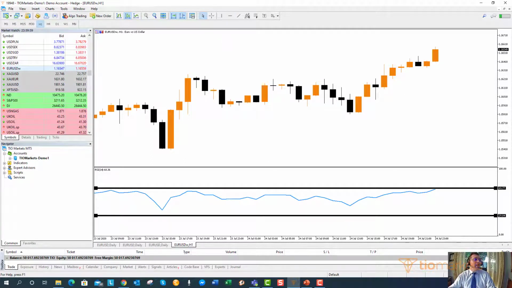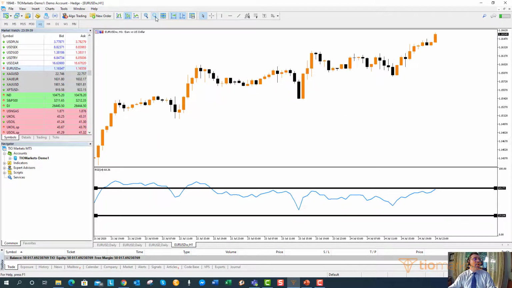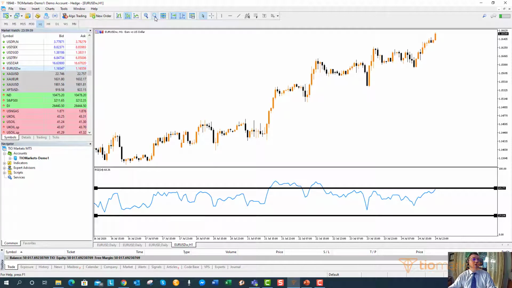So you could add levels from here. If you click this, that will bring up lines which you could then place at, say, the 70 and 30 levels. You can also click back and see how prices have reacted. This is a 1 hour chart.